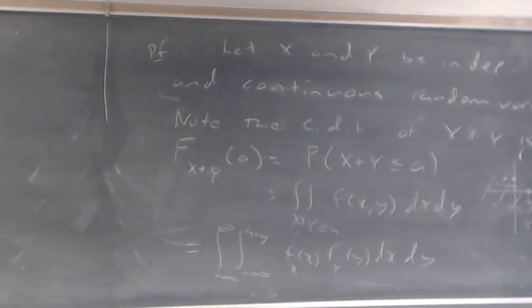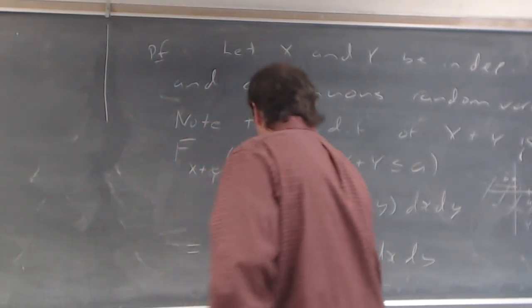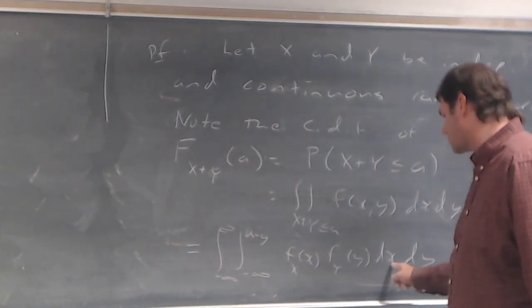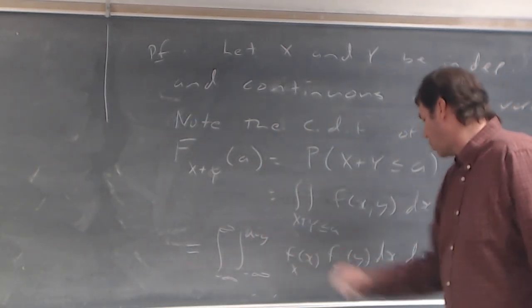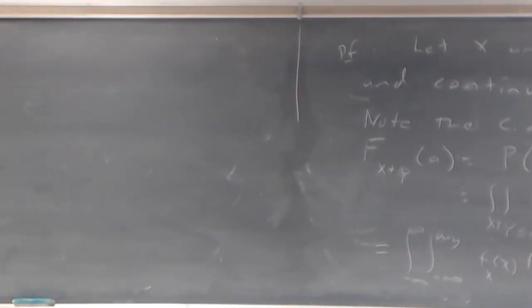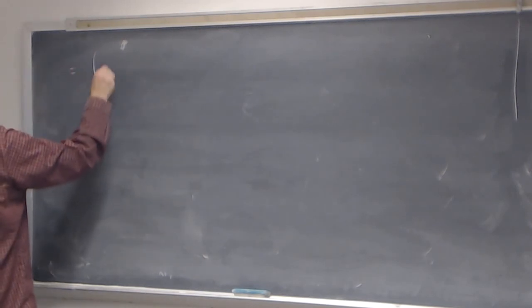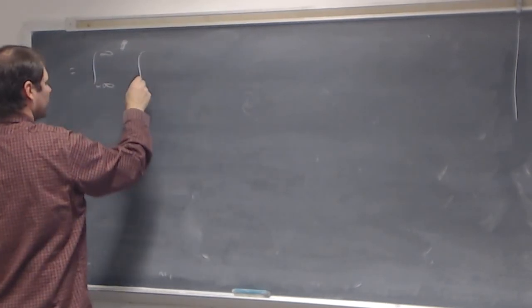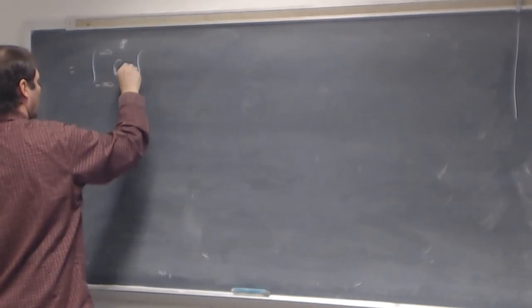And then what we're going to do here is notice that when we're integrating with respect to x, the f of y can be pulled out. So that's the next thing we're going to do with the first integral. We're almost done. So that's equal to the integral from minus infinity to infinity. I'm pulling out the f sub y of y.